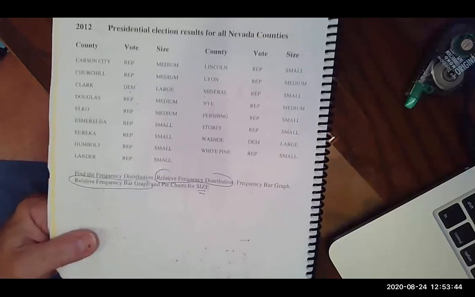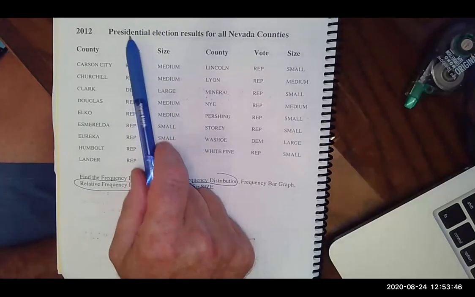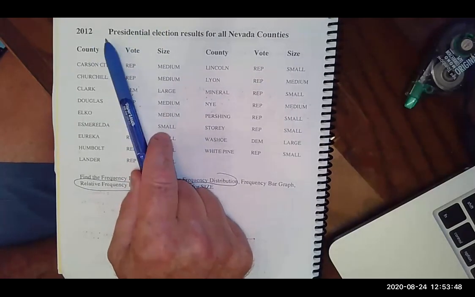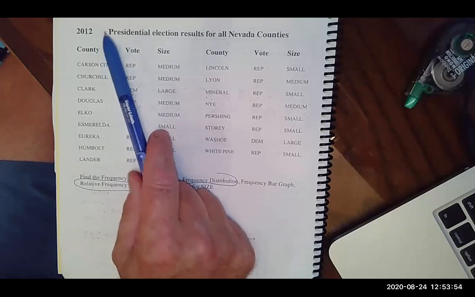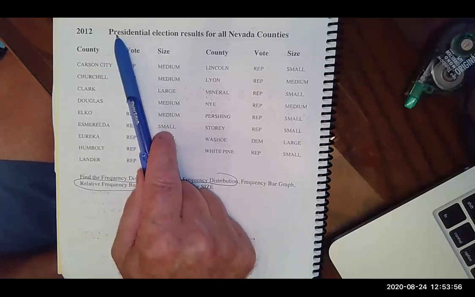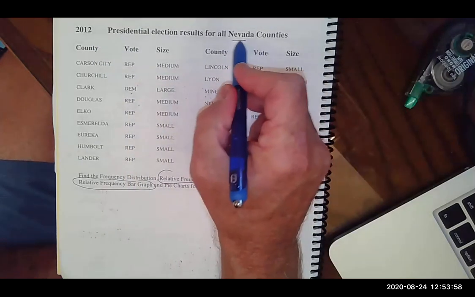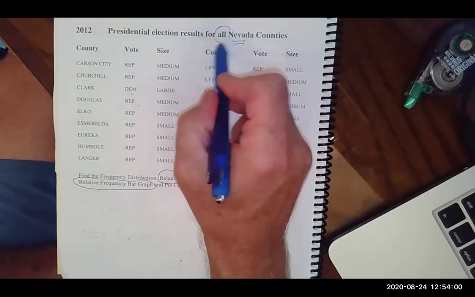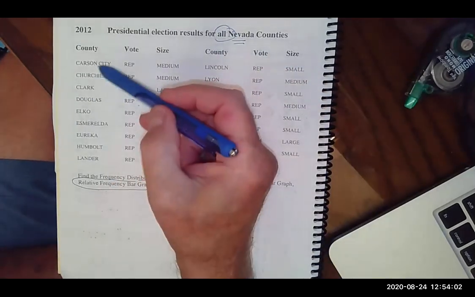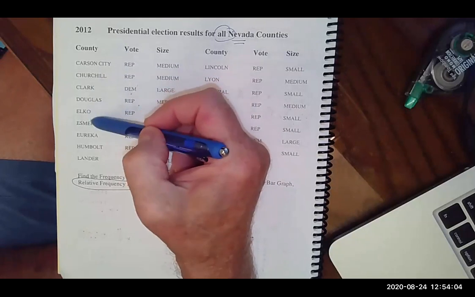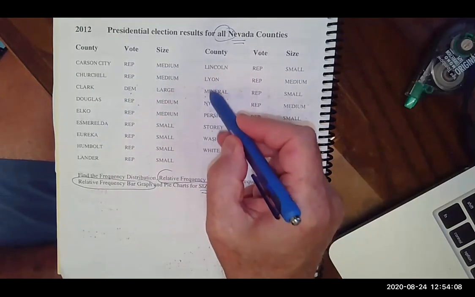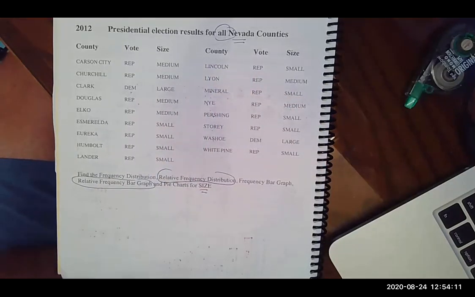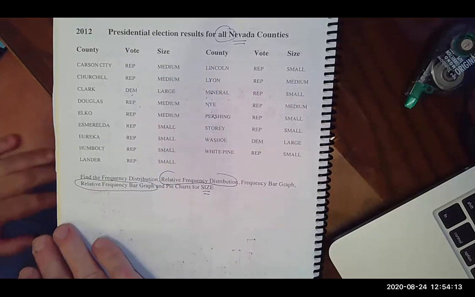Now, when you look at this, it's 2000, so we're in the presidential election year. This is in Nevada, all the counties. Well, how many counties does Nevada have? 1, 2, 3, 4, 5, 6, 7, 8, 9, 10, 11, 12, 13, 14, 15, 16, 17 counties make up the state of Nevada.